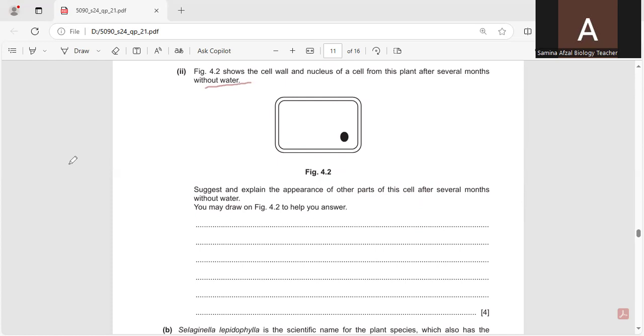So what will happen in this plant when there is dehydration? It means the water outside the plant is at lesser water potential in comparison to the cell. So what will happen? The water will move outside from the cell, loss of water from the cell, by osmosis due to the water potential difference.